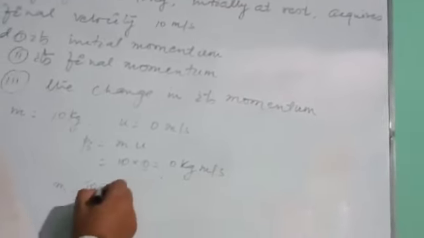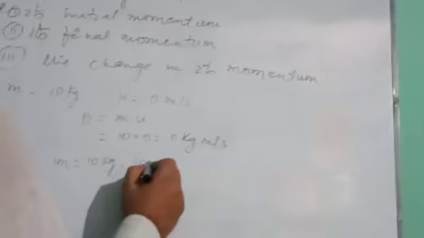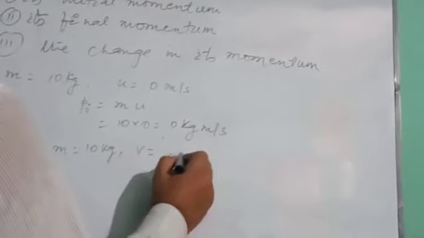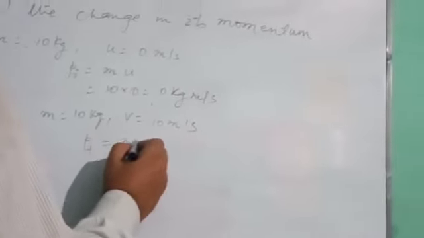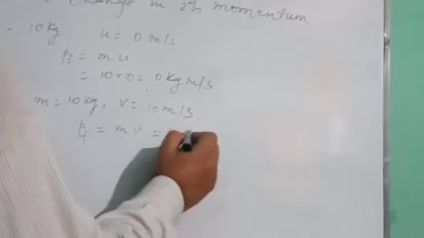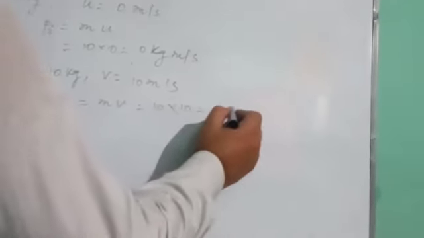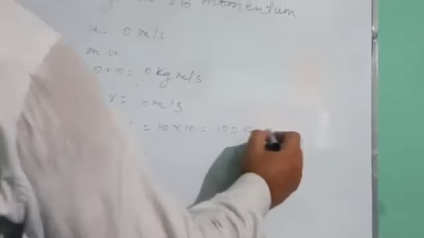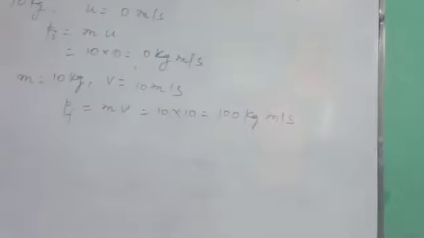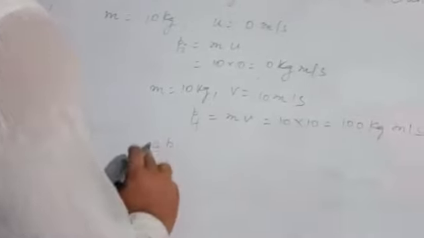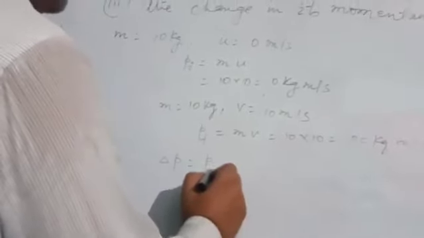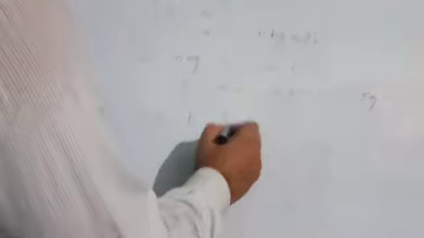M equals 10 kg. Final velocity is 10 meter/second. Then its final momentum equals mass into final velocity, 10 into 10, 100 kg meter/second. Now the change in momentum, delta P, equals final momentum minus initial momentum.